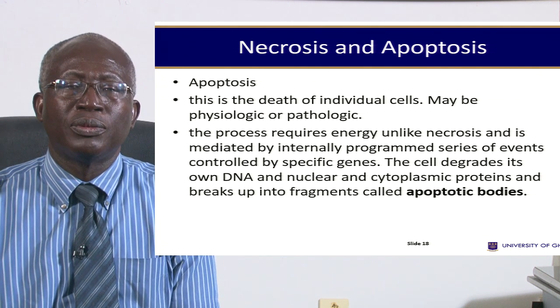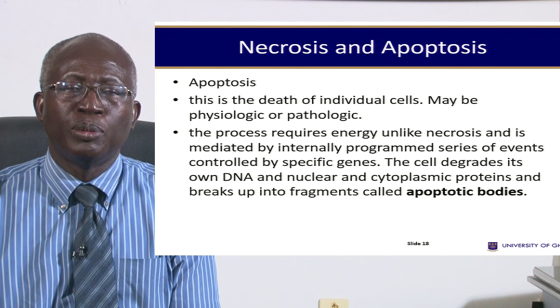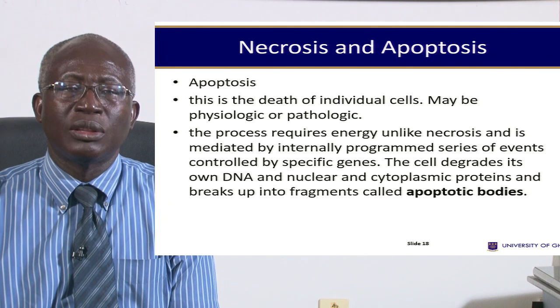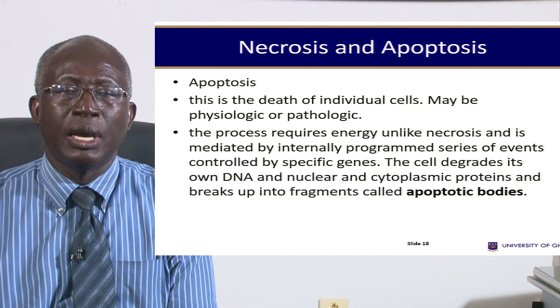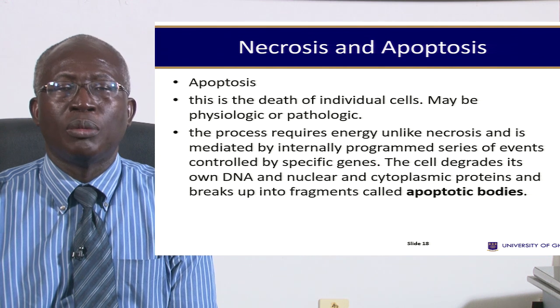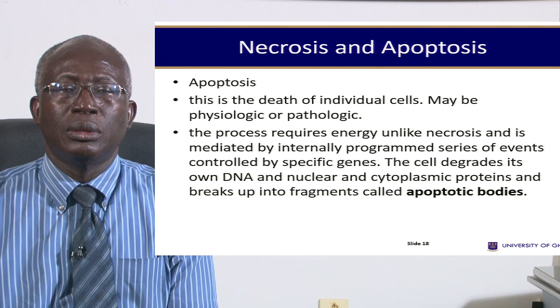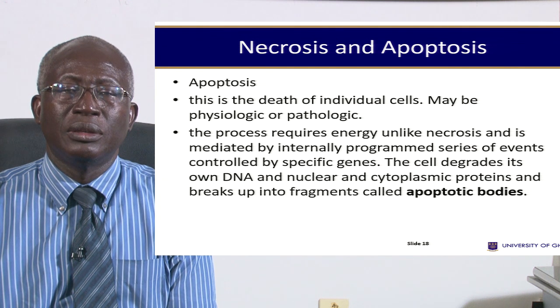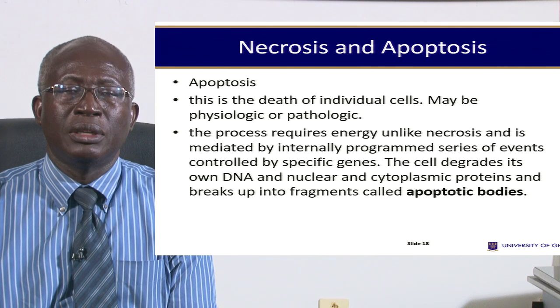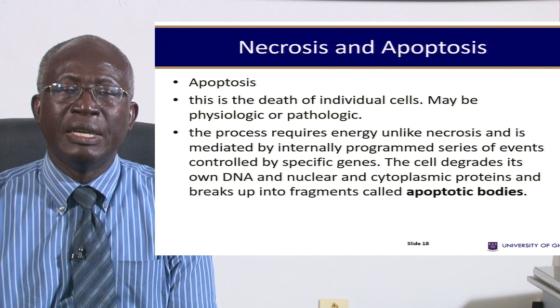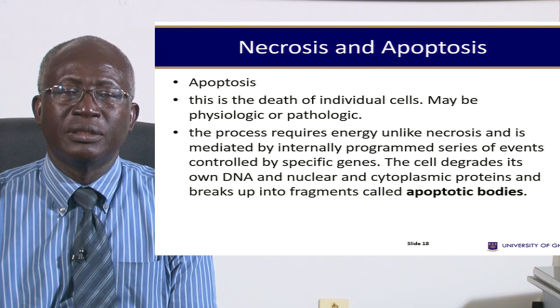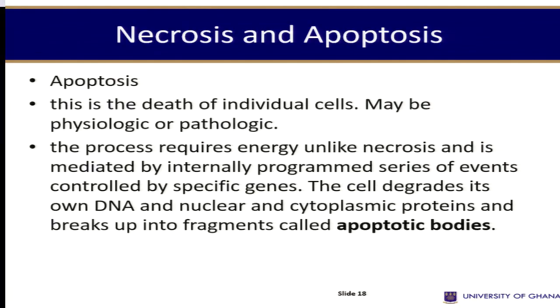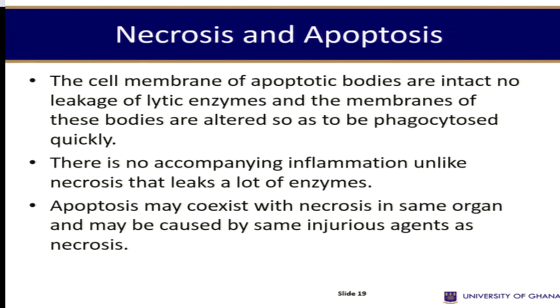The next type of cell death is apoptosis. This is death of individual cells. Again, it may be physiologic or pathologic. The process of apoptosis requires energy. The cell degrades its own DNA and fragments into small bodies called apoptotic bodies.